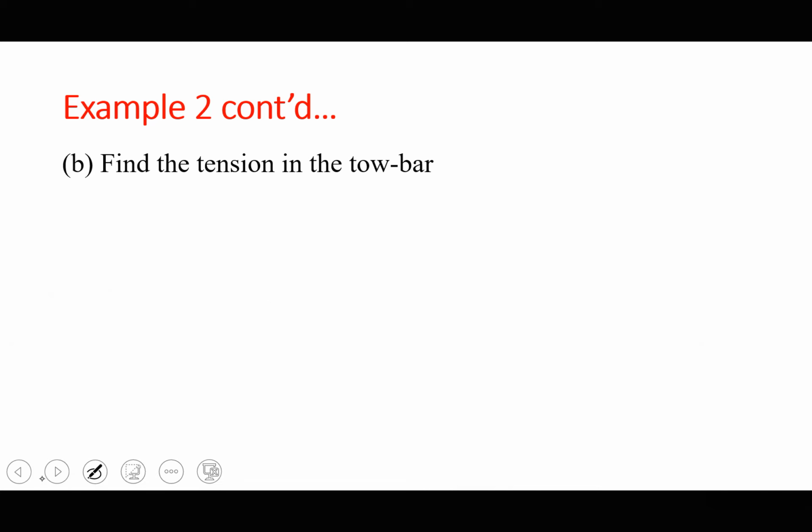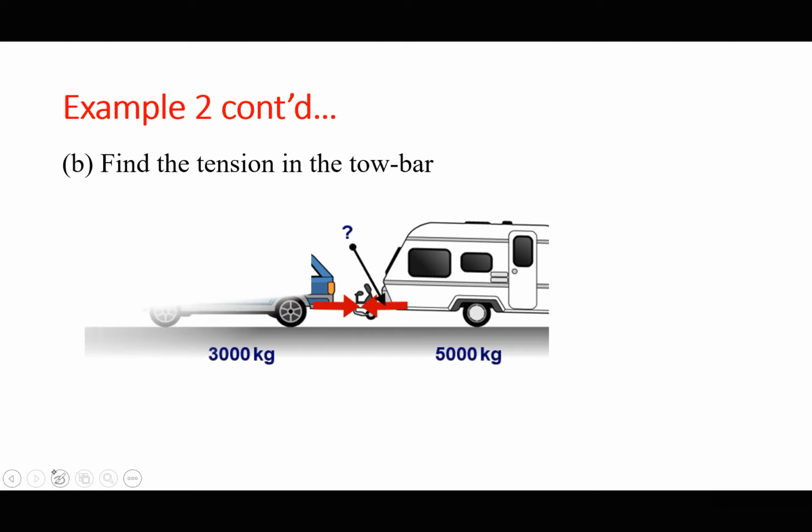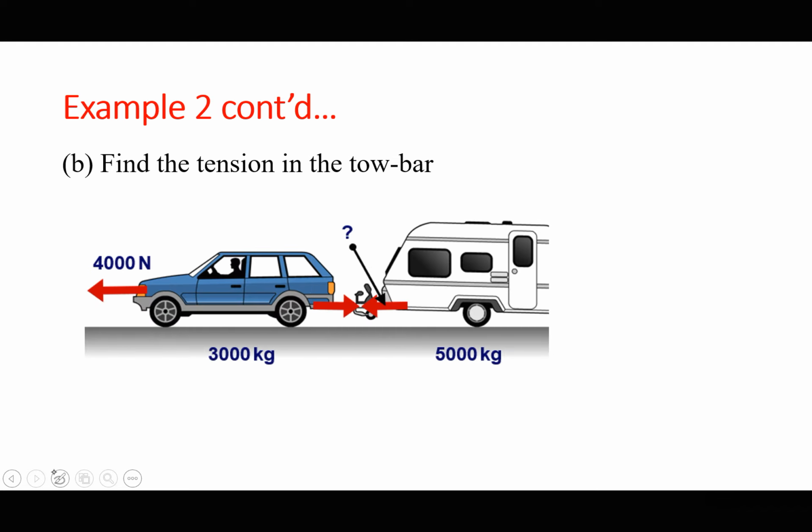Then we want to find the tension in the tow bar, if there is tension. Let's consider the forces acting here. We have already found in the previous part the driving force to be 4,000 newtons. So there must be tension in the tow bar.